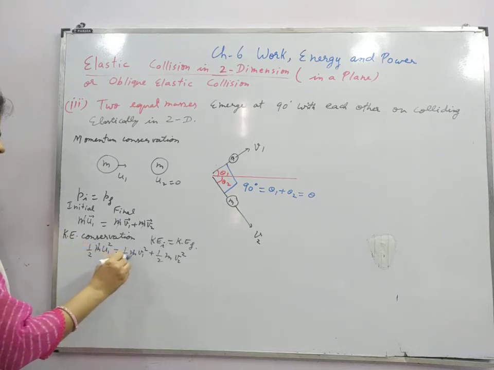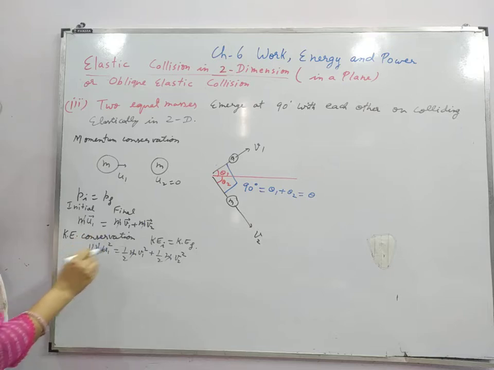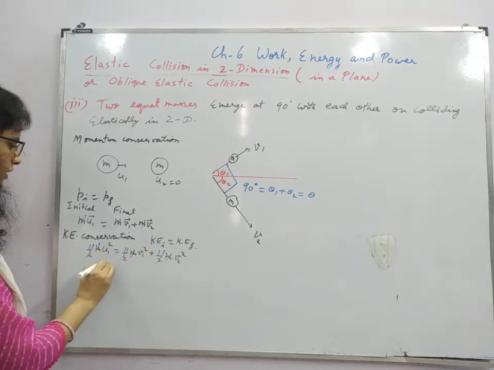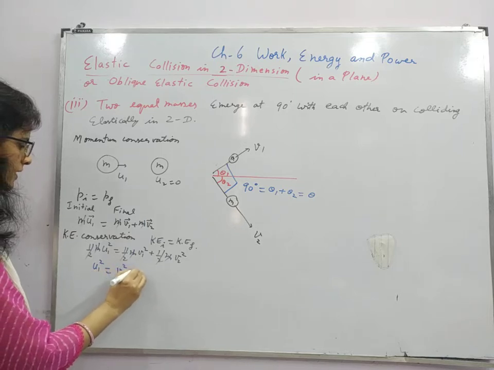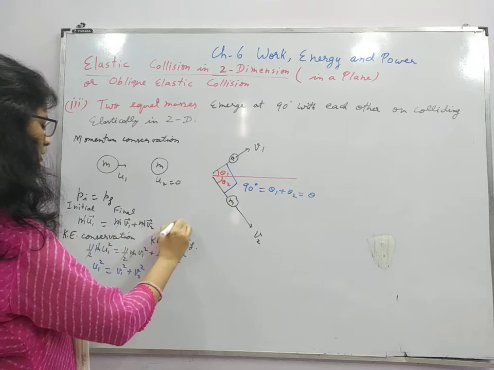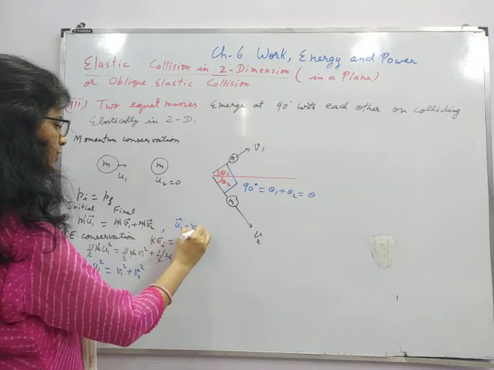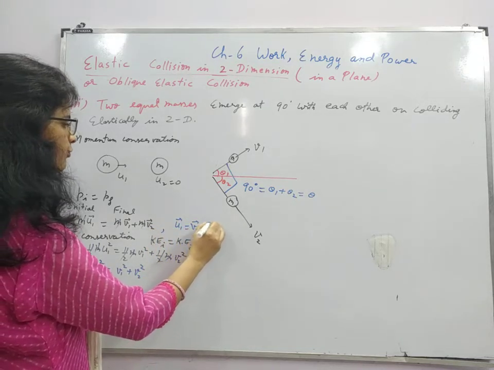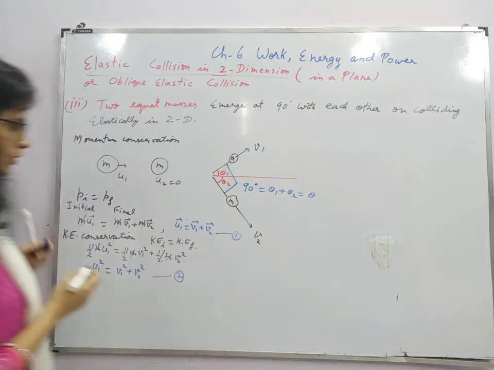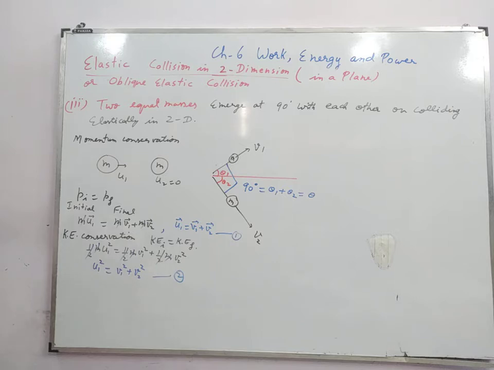This m taken common from both the sides, half will be cancelled. So what will I get? I'll get u1 square is equal to v1 square plus v2 square. So here I have got u1 vector is equal to v1 vector plus v2 vector. Let's mark this as equation 1 and this as equation 2.